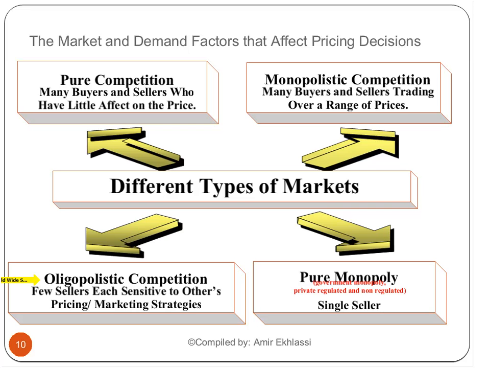Two or three big companies dominate the market. The market is just in the hands of two or three big companies. Oligopolistic competition. In this kind of pricing, you have high authority to determine a price.